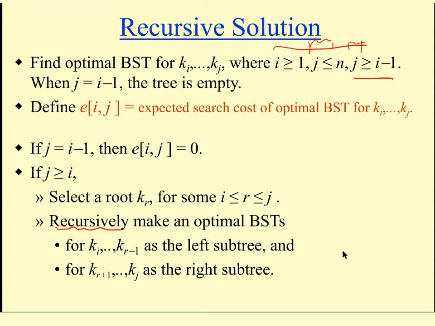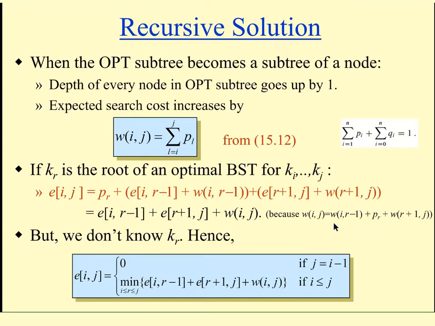This one is E i to r minus 1, and this one is E r plus 1 to j. Your solution will be based on these two to find the EIJ. Of course, you can also use some other known things, for example p. Let's look at how we can get these equations. Once we get this equation, we will be able to do the implementation.